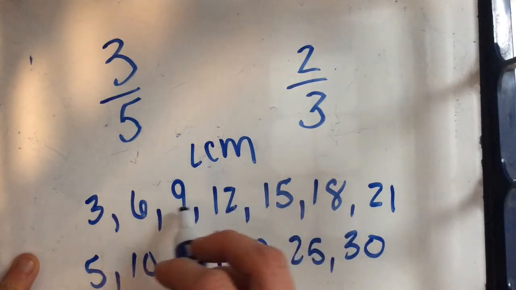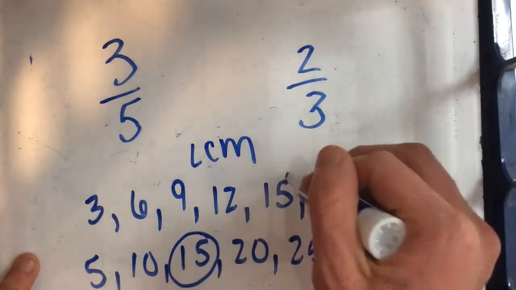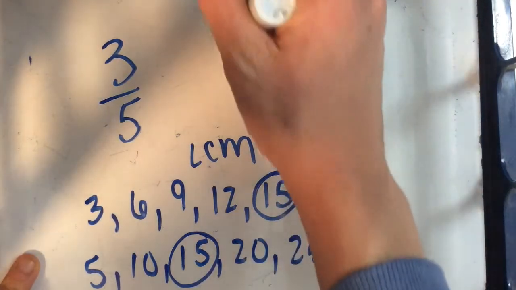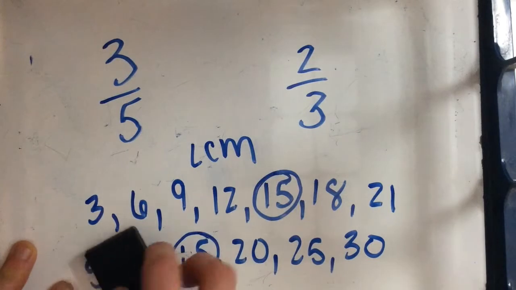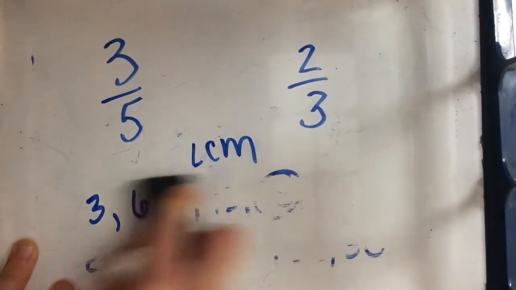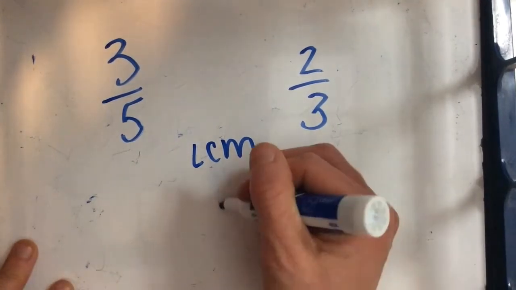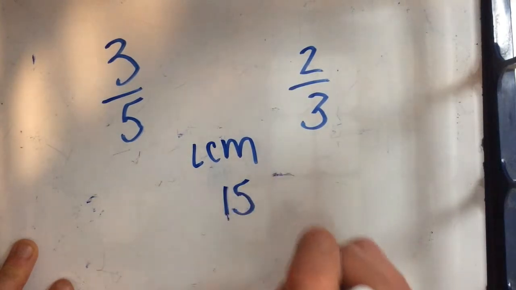Well, let's see, 9, no, 12, no, oh, 15 is the least or the lowest number. That is a multiple of both 5 and 3. So we're going to remember our least common multiple then is 15, and we found it simply by listing the multiples of our two different denominators, okay? So our least common multiple is 15, okay?